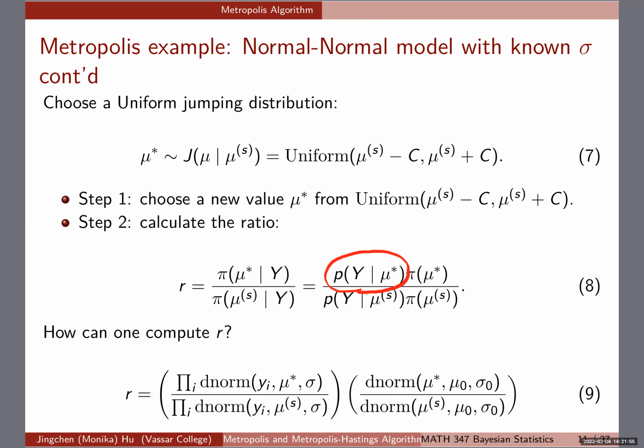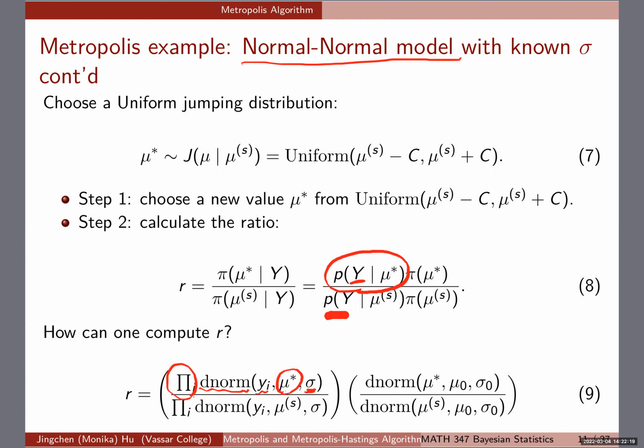And I have a bunch of data. Remember, this is still a normal model, so the sampling itself is normal. So you can use dnorm of each observation evaluated at this mu star value, and whatever the sigma is given to you, make sure that you take the product of all of them in order to get the likelihood. That's what you're going to do in practice in R.